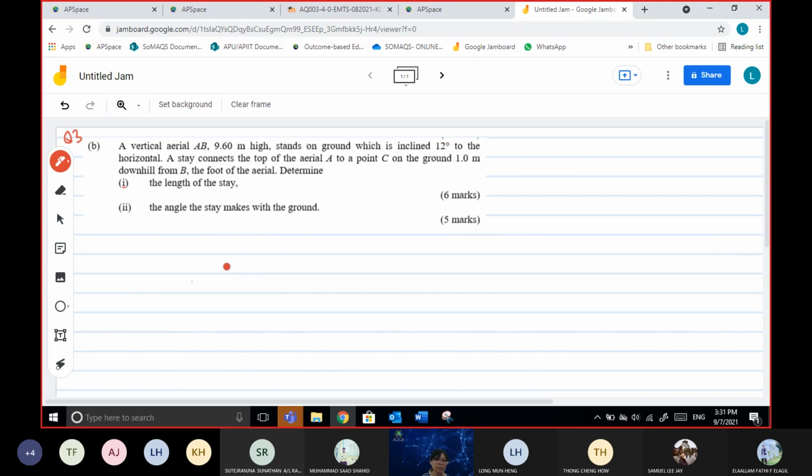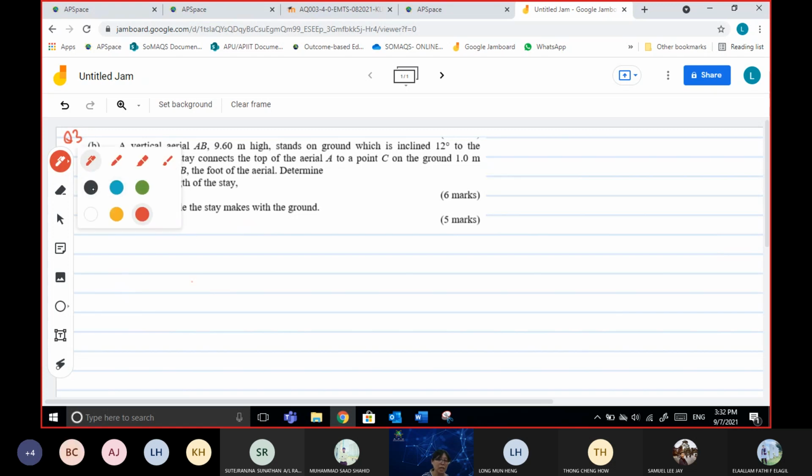A stay connects the top of the pole A to a point C on the ground 1 meter downhill from B, the foot of the pole. Determine the length of the stay and the angle the stay makes with the ground.